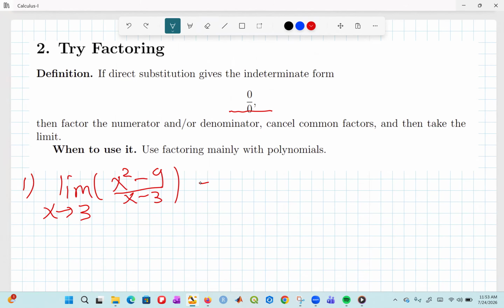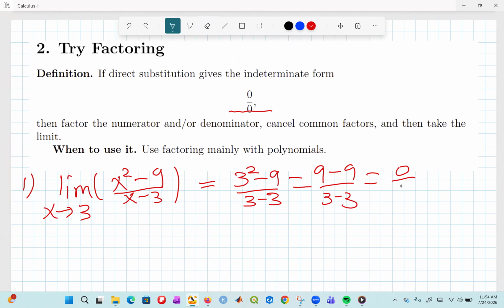Let's apply direct substitution. The first technique should be direct substitution. Therefore, 3 squared minus 9 over 3 minus 3. 3 squared is 9, minus 9 over 3 minus 3 gives us 0 over 0, indeterminate.